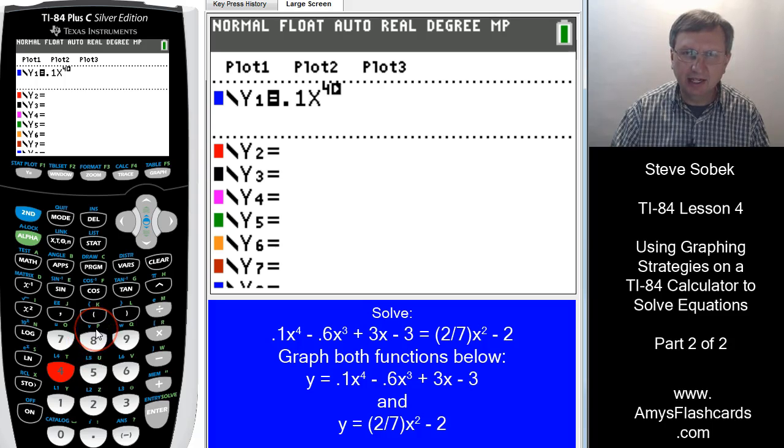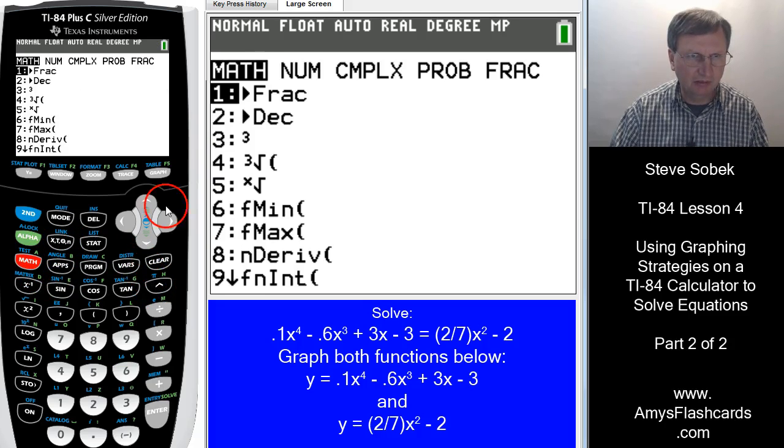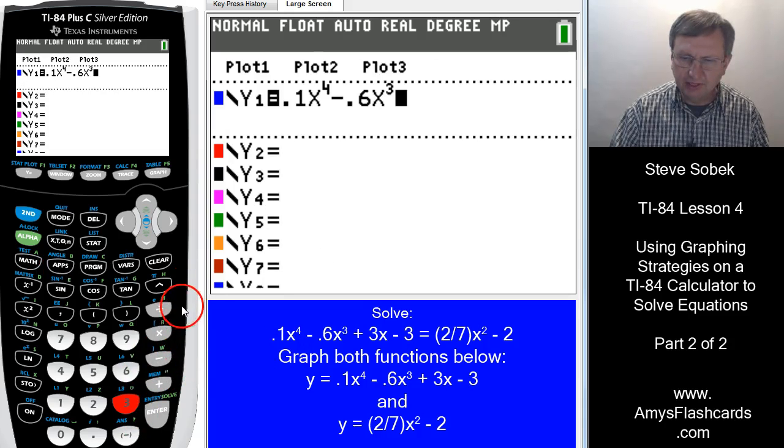Now I need to get out of this exponent. It's blinking up here beside the exponent, so I need to hit the right arrow key one time to get out of the exponent. Minus 0.6 x raised to the 3rd power. I'll get that cubed from the math menu, number 3. Plus 3x minus 3. All right, hit enter.